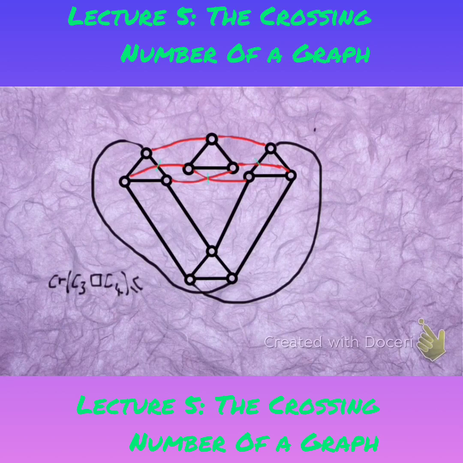So I've essentially added 1 crossing. The original graph had 3 crossings, and this graph has 1 more. So the crossing number of this Cartesian product is at most 4. We're seeing a pattern emerging here.